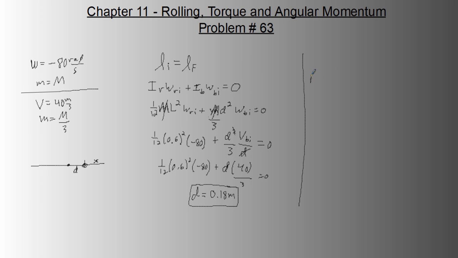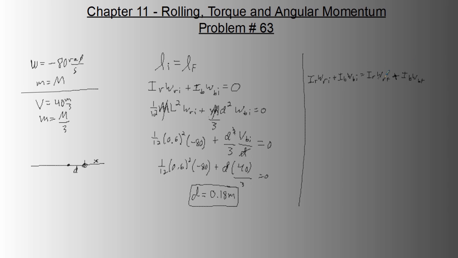So this is going to be I_R omega_Ri plus I_B omega_Bi equals I_R omega_R final plus I_ball omega_ball final.